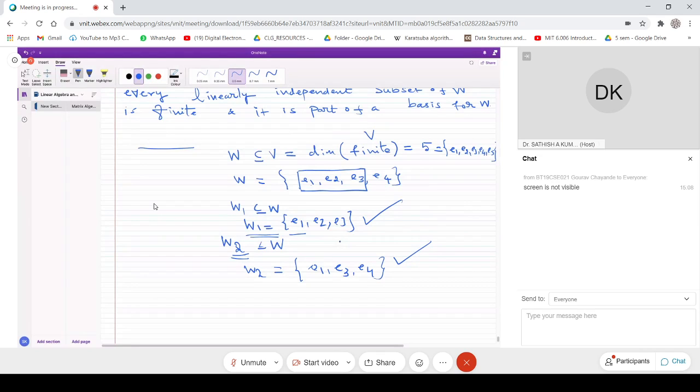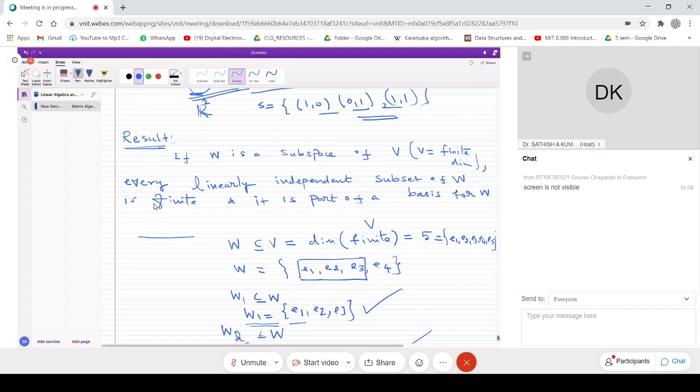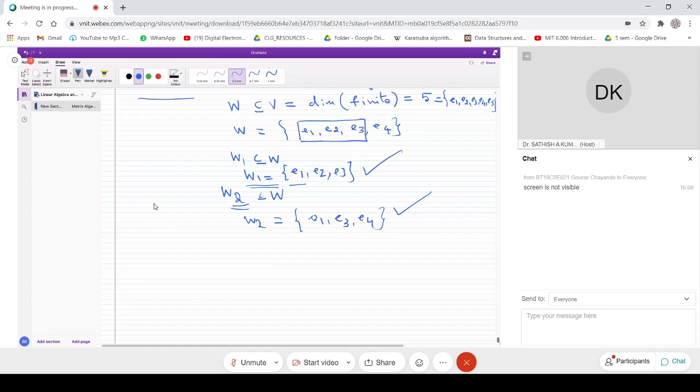If W is a subspace of any finite dimensional vector space, every linearly independent subset of W is finite, which will form a basis. This result may be useful in solving problems. Let us look at some examples after finishing this theorem.